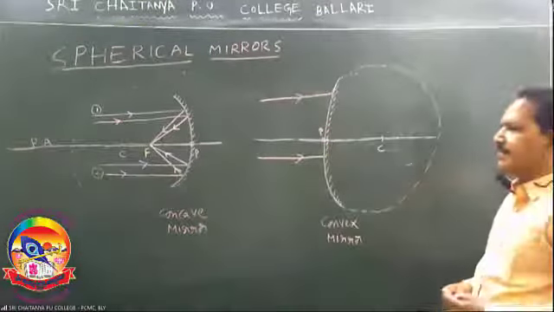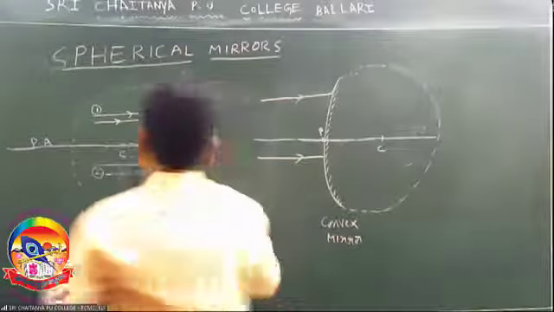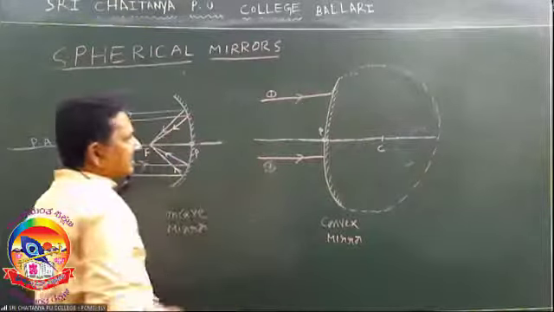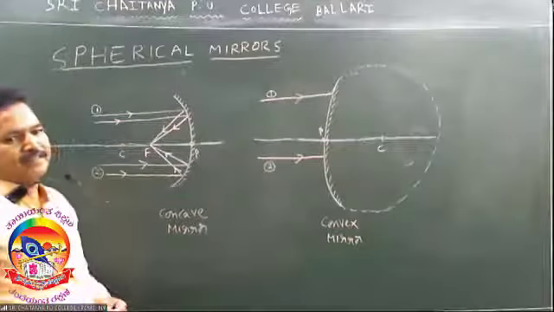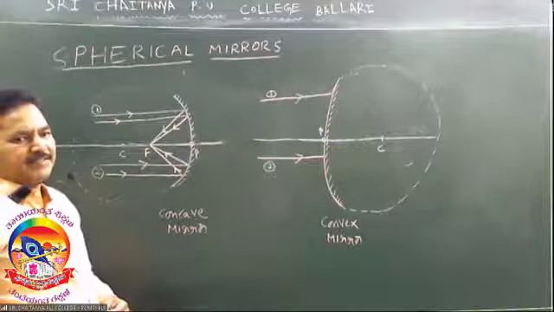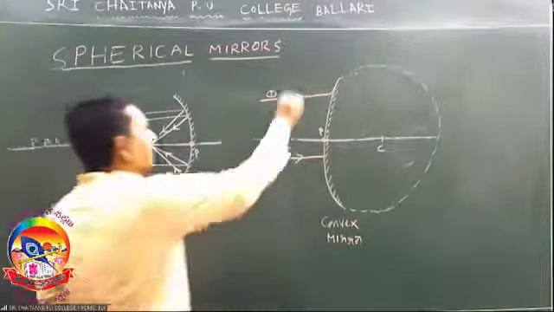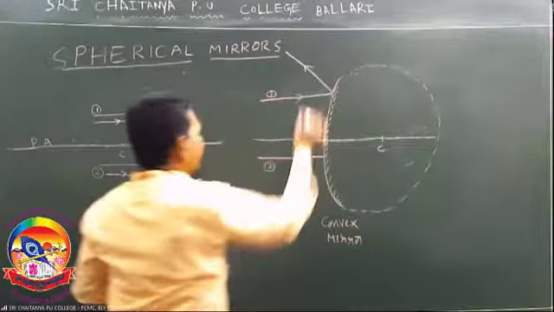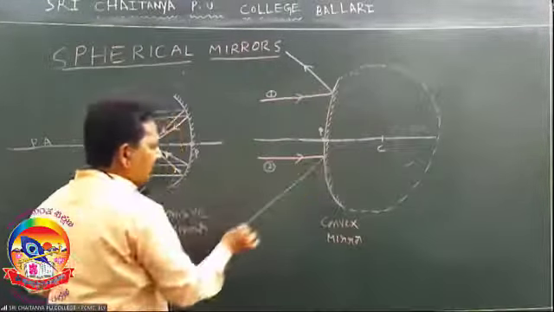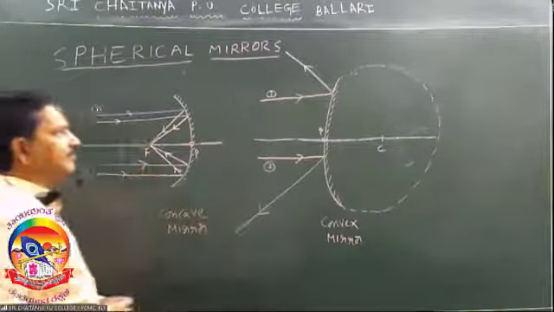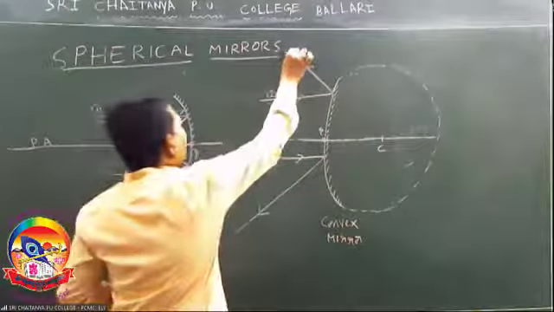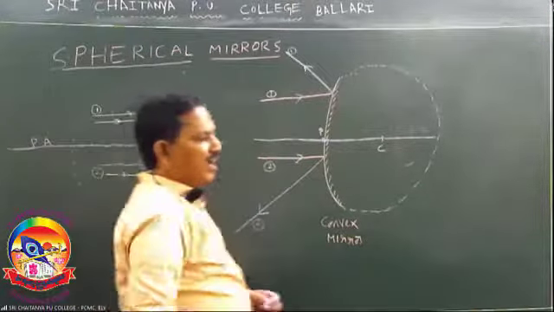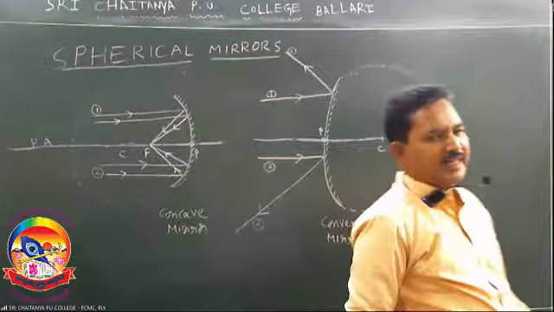This is the first light ray which is falling parallel to the principal axis. This is another light ray falling parallel to the principal axis. After reflection, the light ray is reflected like this, and this light ray is reflected like this. This is the first reflected light ray, and this is the second reflected light ray after falling on the convex mirror.